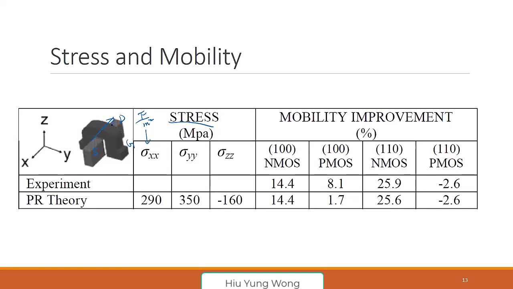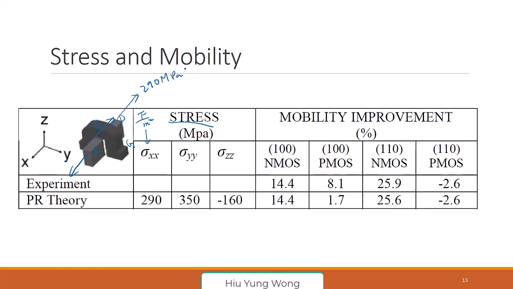In the XX direction, which means the transport direction, we have 290 megapascal. It means you're pulling them away.